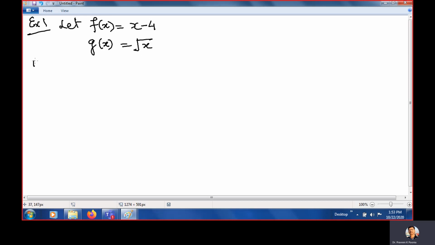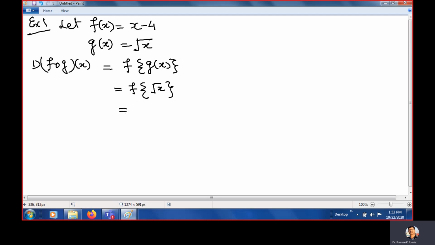Clear? So first you need to find f composition g of x. How to find it? It is basically f of g(x), so put the value of g(x). The value of g(x) is square root x.